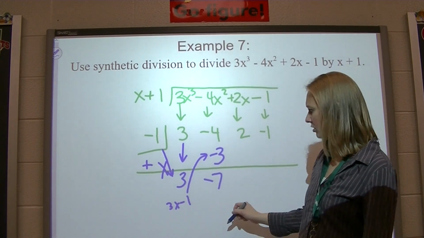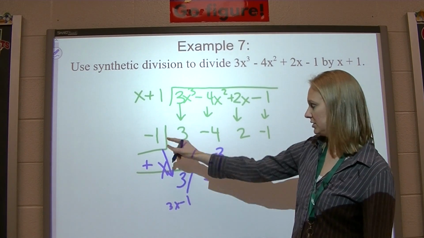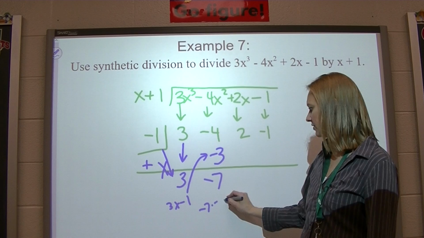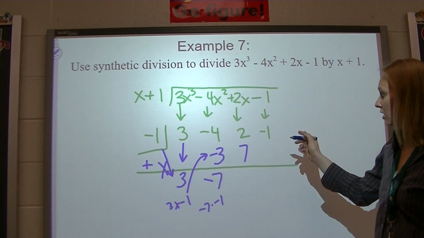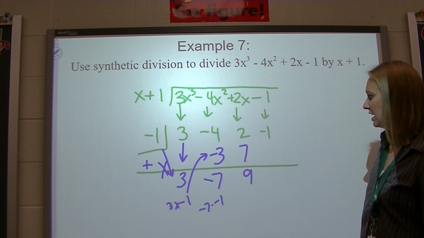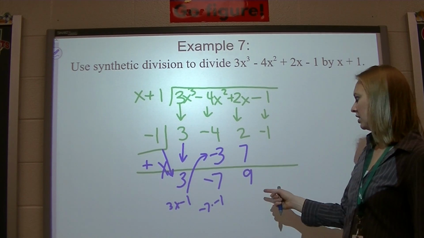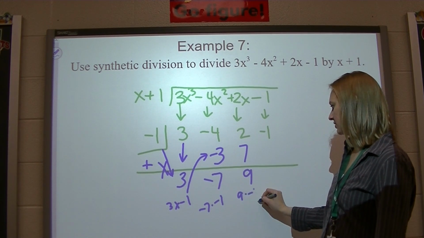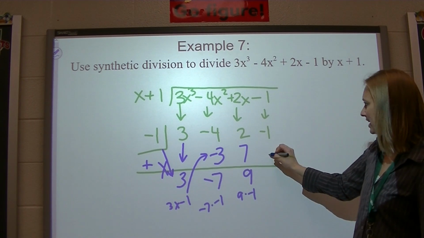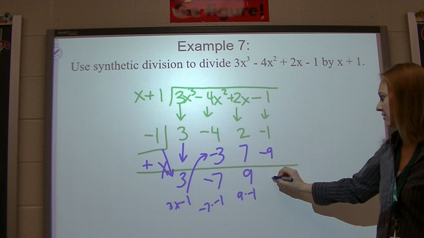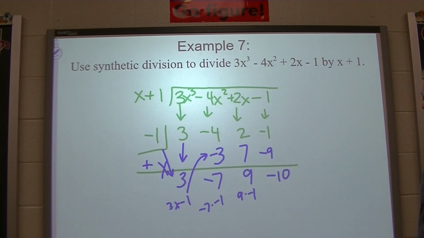And then again, we take this number times our zero, so -7 times -1 is +7. And 2 plus 7 is 9. So then we do 9 times -1, which is -9, and -1 plus -9 is -10.